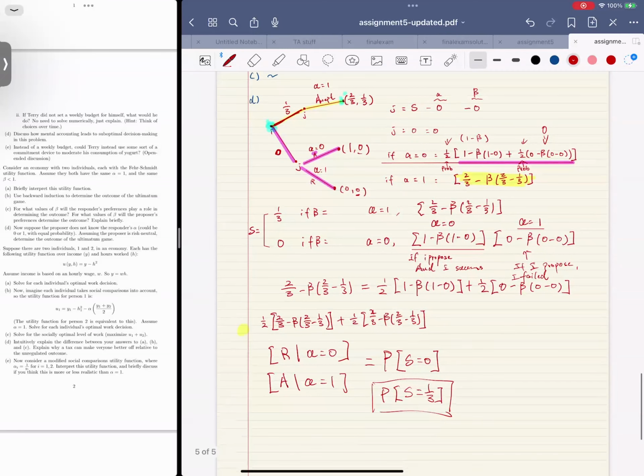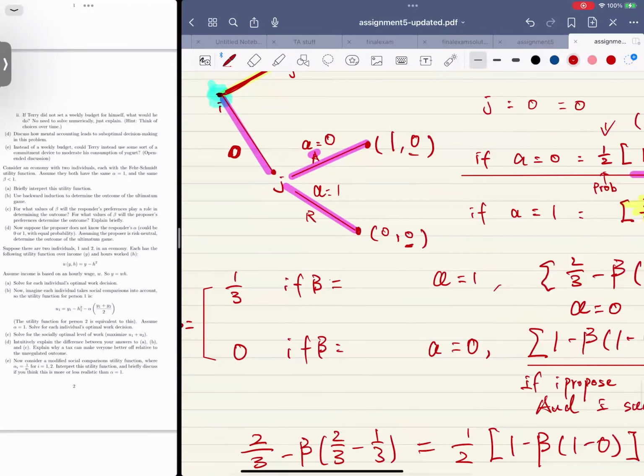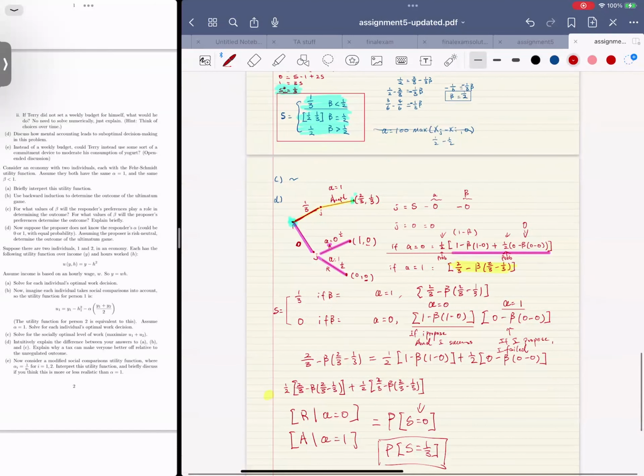When I'm giving J $0, I'm gambling on whether or not he is willing to accept or reject. If J has an alpha of 0, which is 1/2 probability, there's a 1/2 probability that J will reject, which is 0. But if J didn't reject, then it means that A equals 0.